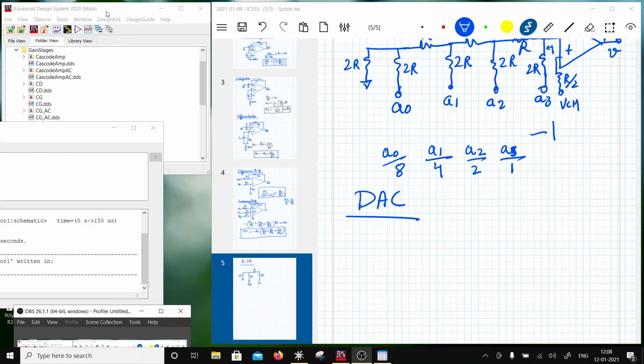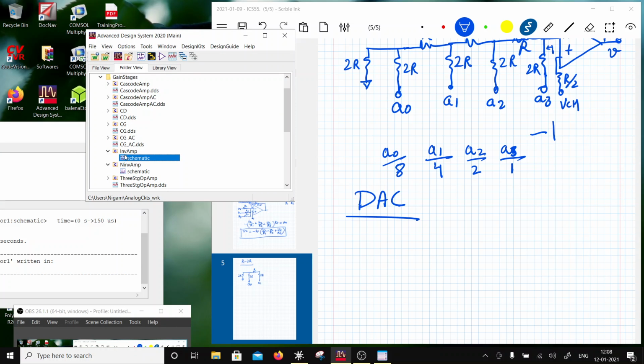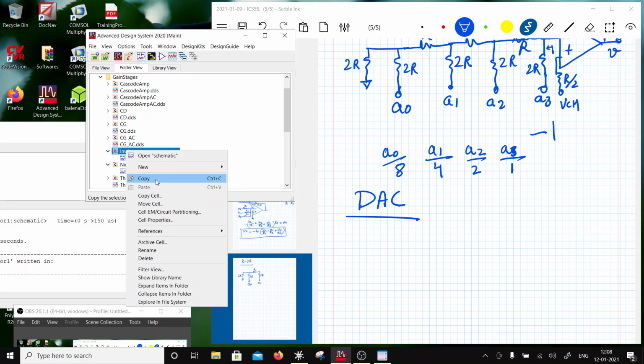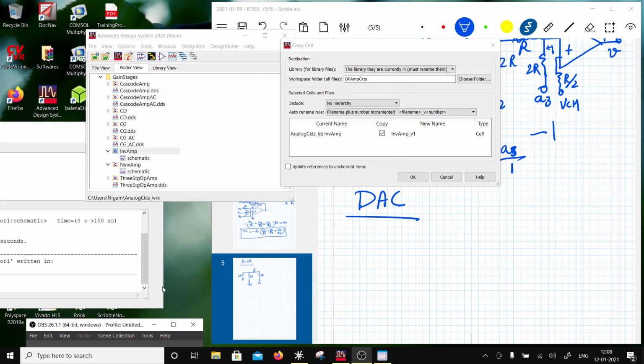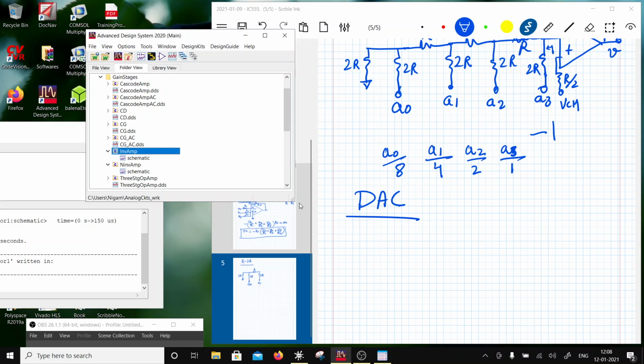we just go in here and look at the inverting amplifier and make a copy of this. Copy cell. Let me see if I'm recording it. Yeah, so I'll copy this cell to R2R DAC and say OK. And in here I am looking at R2R DAC, so it has gone under OpAmp circuits.